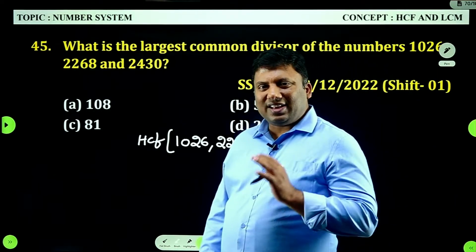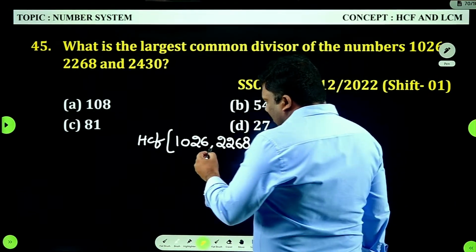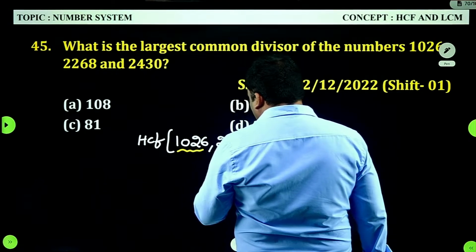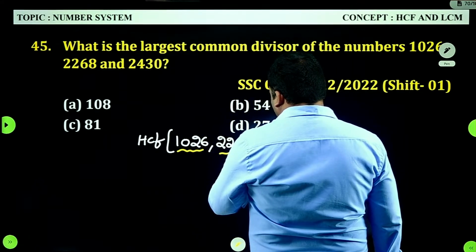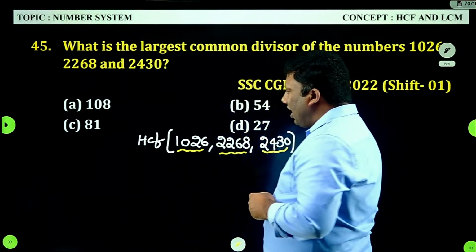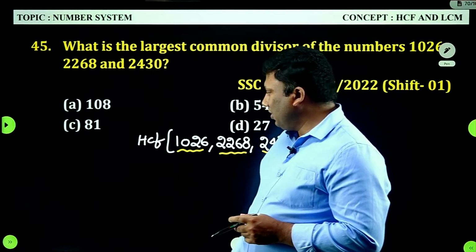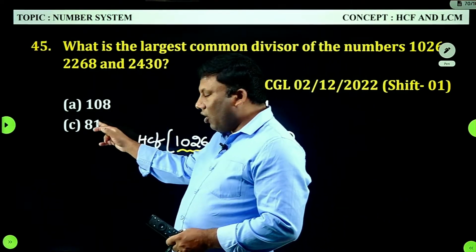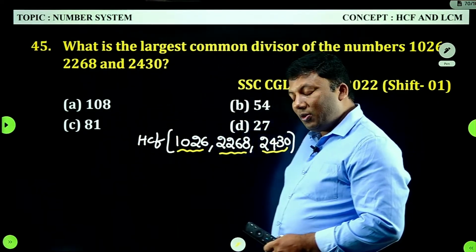See here, 1026 is divisible by 3, 2268 is divisible by 3, and 2430 is divisible by 3. All are divisible by 3. I hope it is clear.